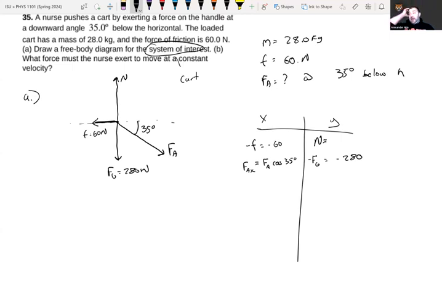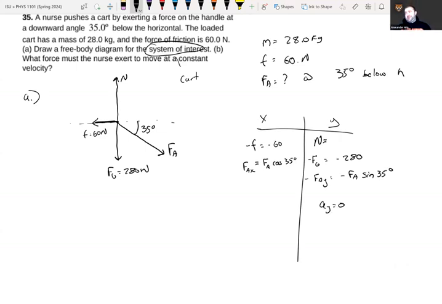And again, I'm making it negative because the free body diagram indicates that it's down. And I also have negative FA sub y, which would be negative FA sine 35 degrees. Okay, so we don't know what FA is, but we do know that normal is going to have to cancel out because, again, A sub y is equal to 0.